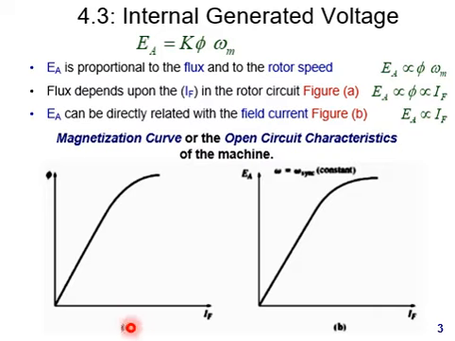Over here in figure A, the relationship between phi and I of F is given. In figure B, the relationship between E of A against I of F is given.